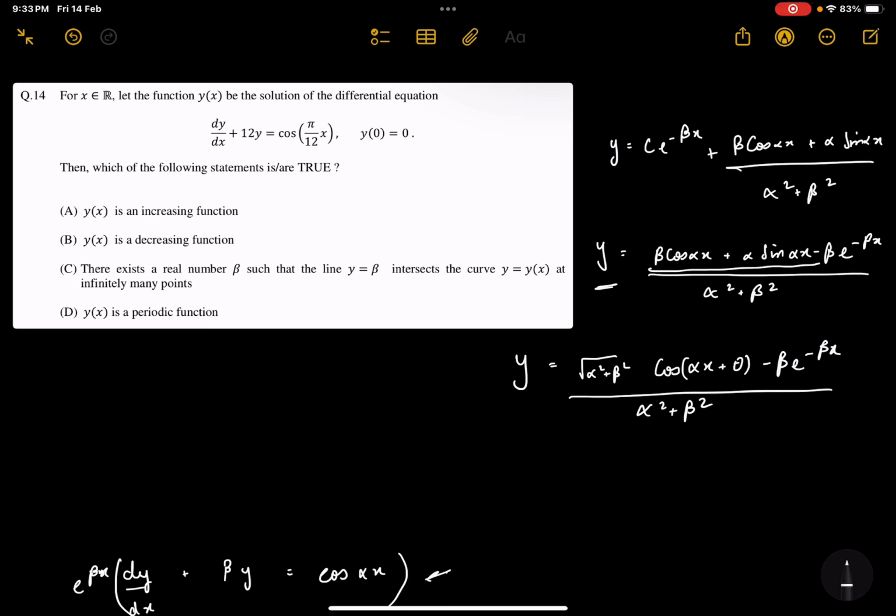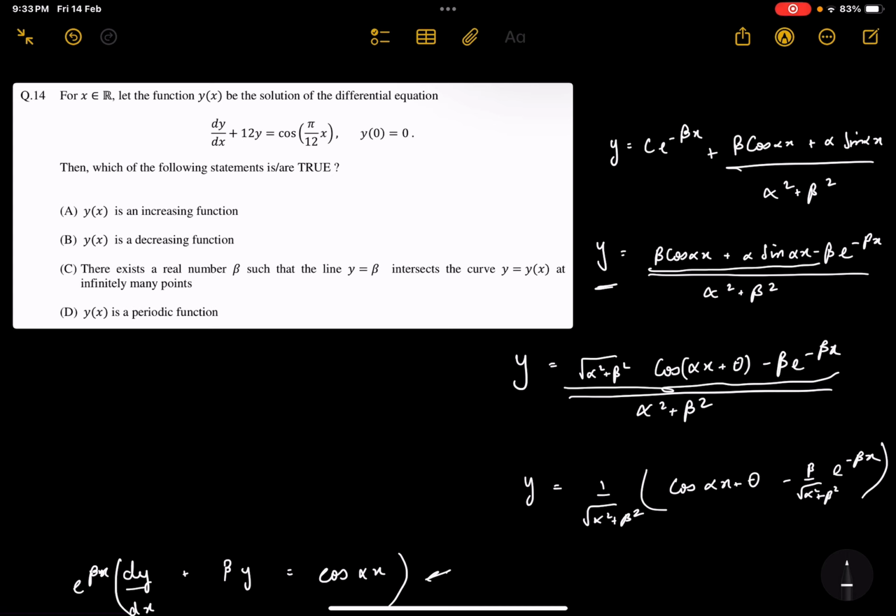Now note that this numerator, when x is sufficiently large such that e to the power minus beta x becomes smaller than root alpha square plus beta square upon beta, then we'll have y equals root of alpha square plus beta square into cos(alpha x plus theta) minus beta e to the power of minus beta x.